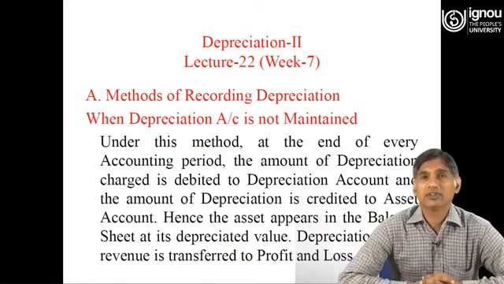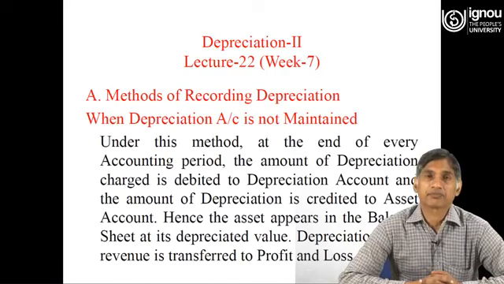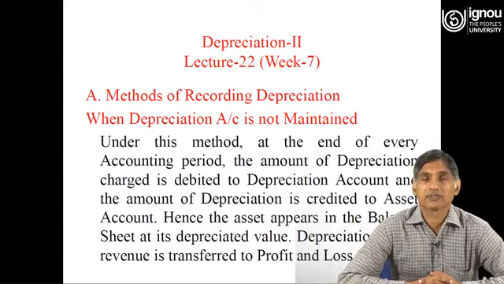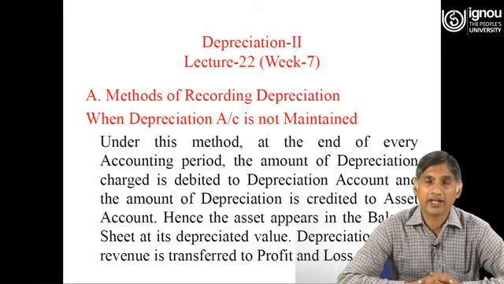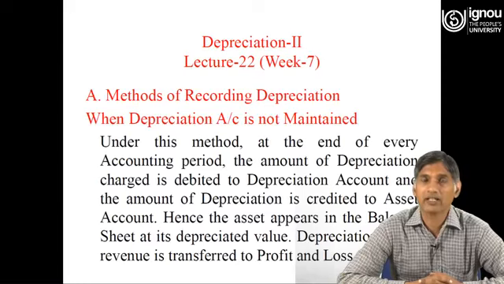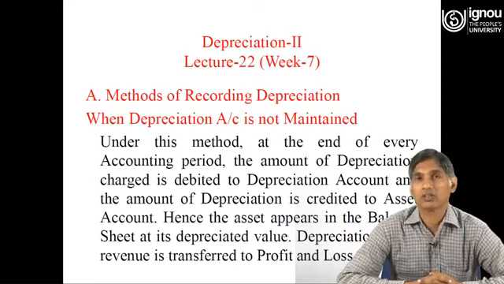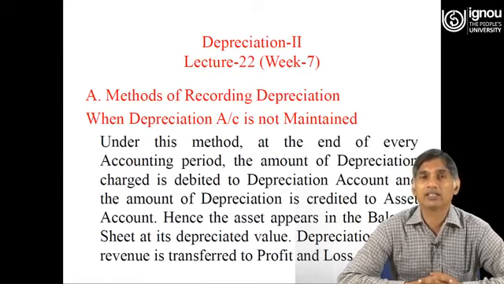So, at the end of the first year, when we prepare the financial statements, we will charge rupees 10,000 as depreciation in the profit and loss account, and as far as the balance sheet is concerned, we will show the asset at rupees 90,000, that is the original cost of the asset rupees 1 lakh minus depreciation rupees 10,000. So, the net balance is 90,000, which we generally call the book value of the asset.